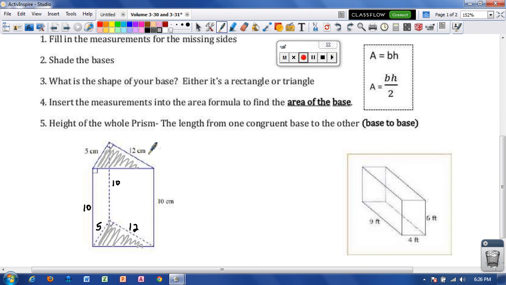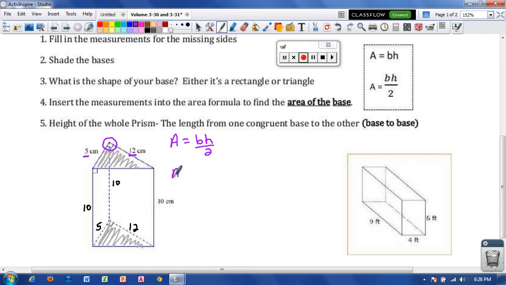Alright, the shape of the base, again, that is a triangle. So what we want to do is find the area of the base. Well, if we look at this triangle, we know that area equals base times height divided by 2. The base of this triangle is 5 and the height is 12 because they intersect perpendicularly. They form a right angle.